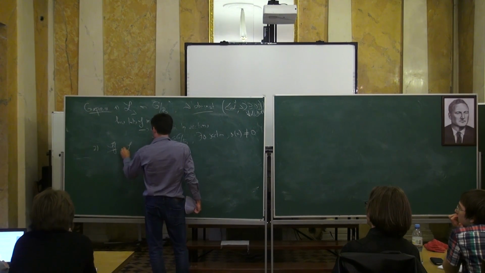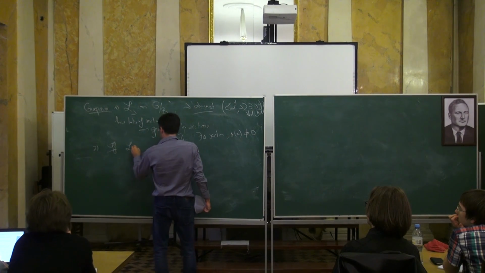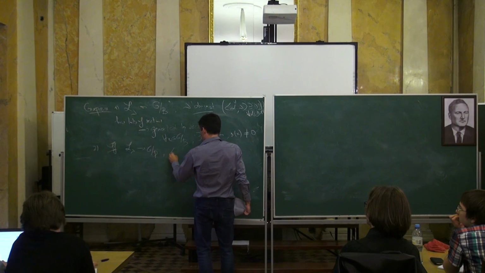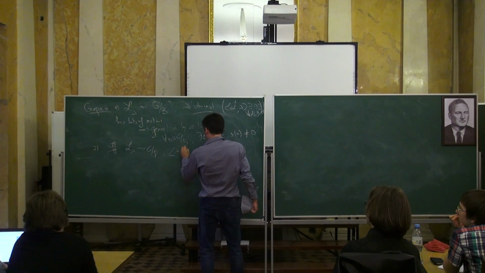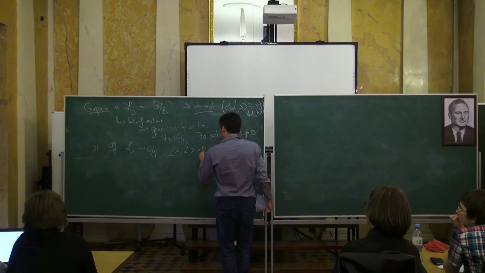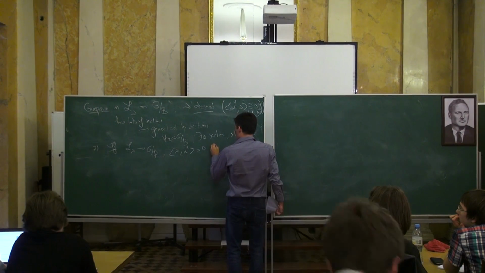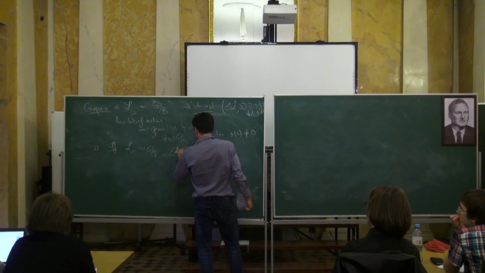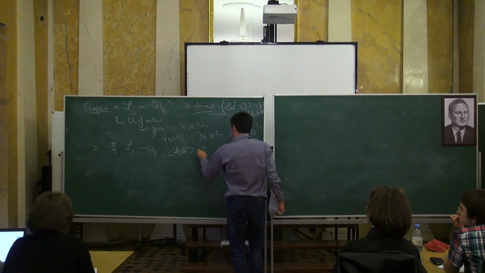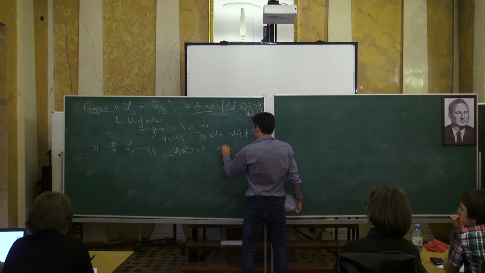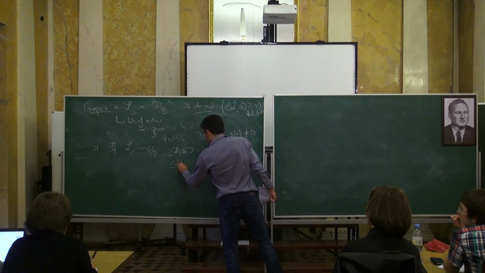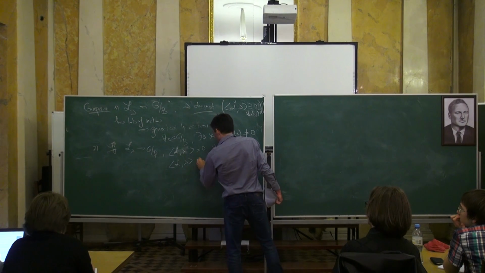So let's state it for a line bundle on G mod P. So we have the conditions that express that we have a line bundle, and suppose that the other positivity conditions are strict.